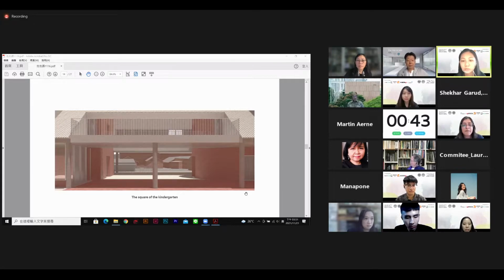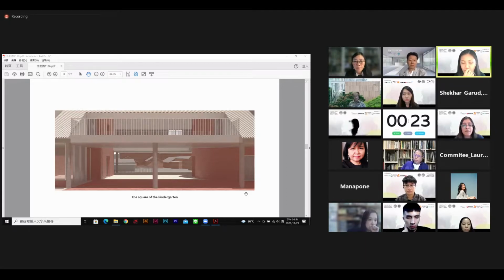Right, the wall is extended from the school side, and the school side first is the geometry from the sport field, a reference from the sport field, and all extends to the kindergarten. And coming to the kindergarten, it has a modular structure system. So it's turning from a circle to a square in the structure.